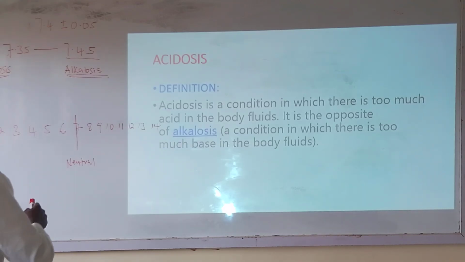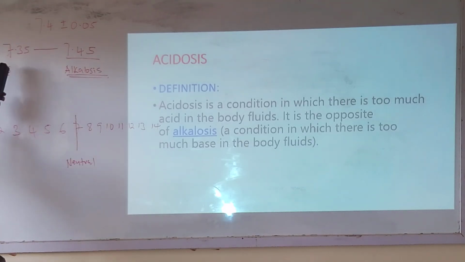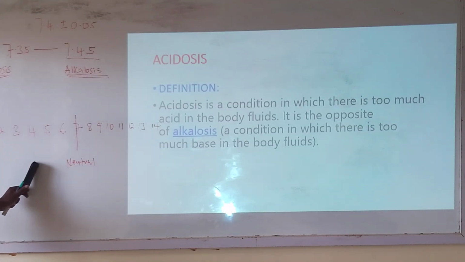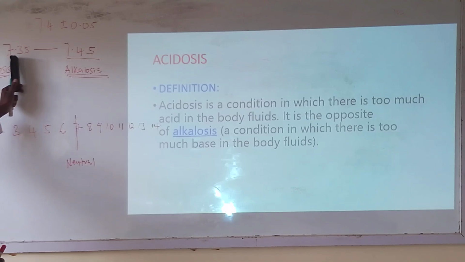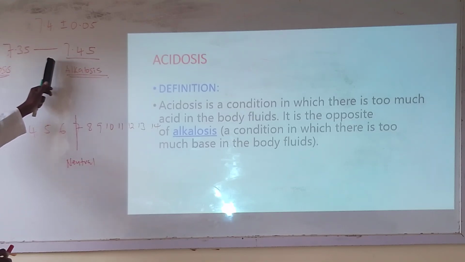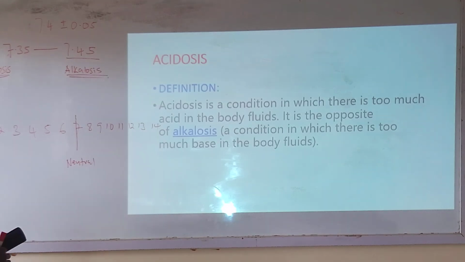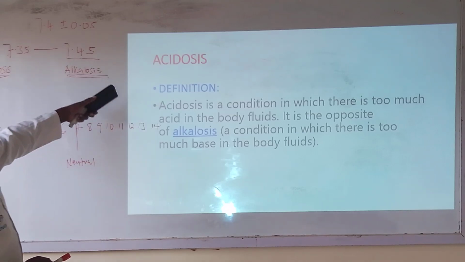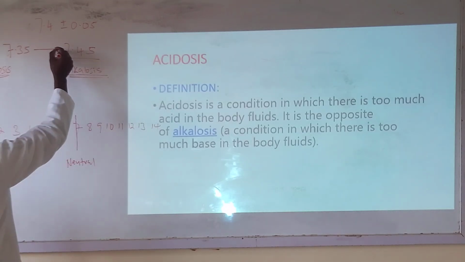And it's all about the changes in the pH of the body, whereby we are saying the normal pH is a range. The normal pH of the body is a range between 7.35 to 7.45. That is in simple terms, which is just the same as 7.4 plus or minus 0.05. And anything below this is acidosis. Anything above that is actually alkalosis.